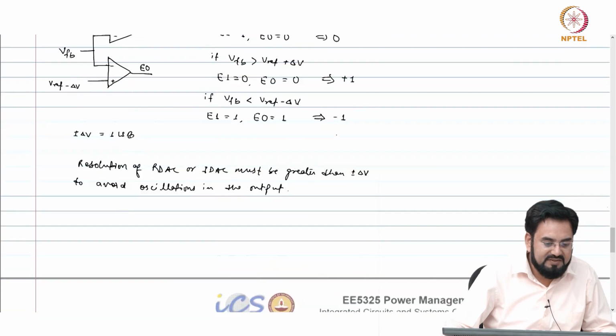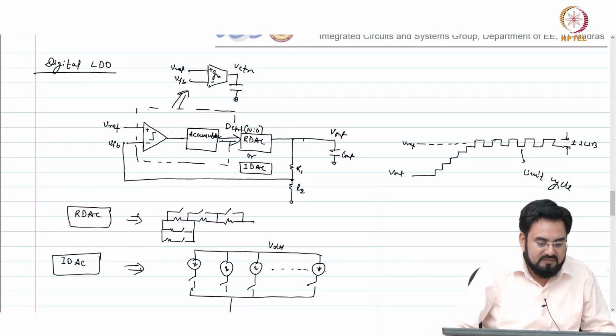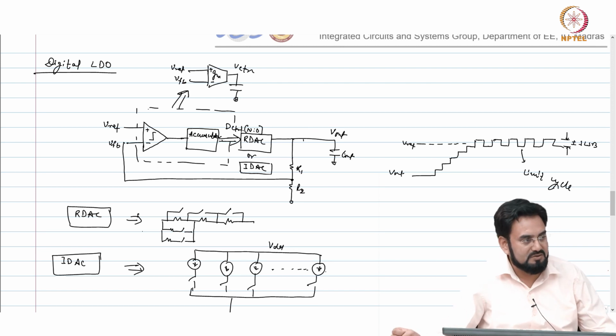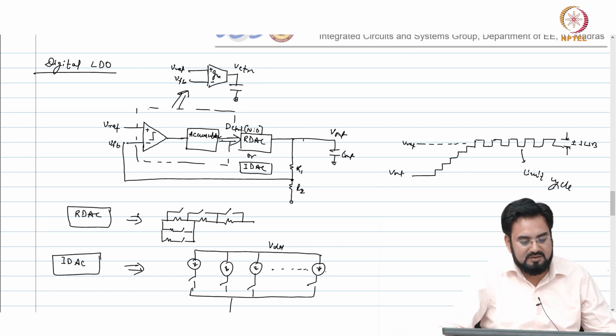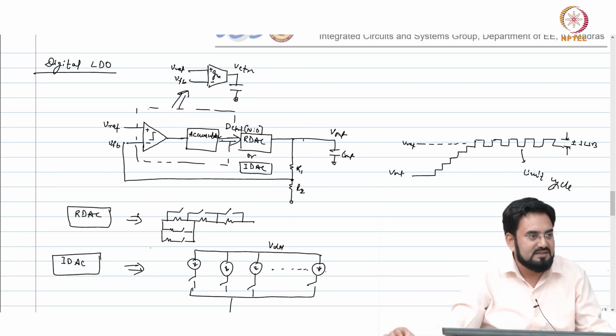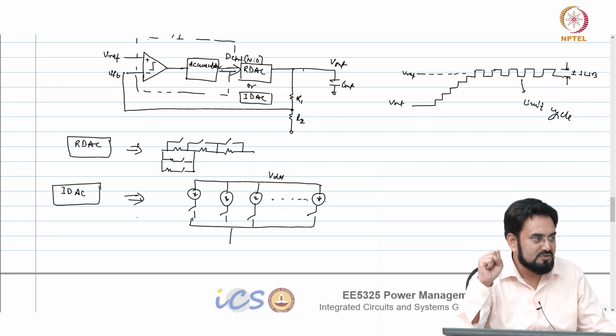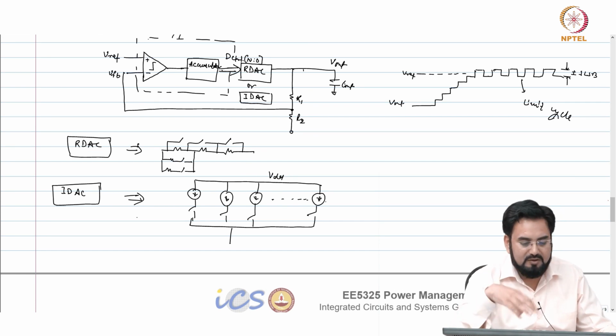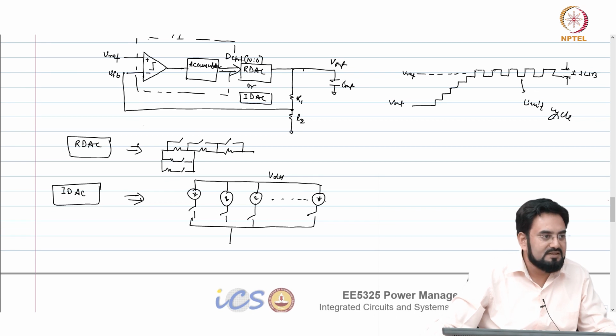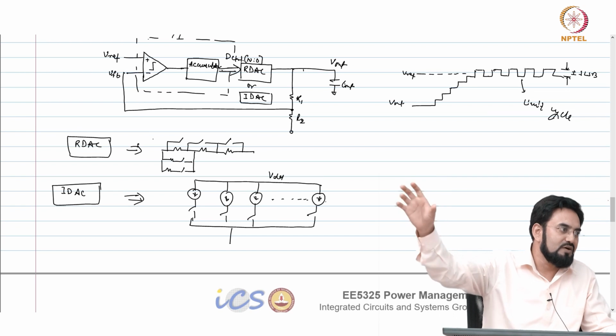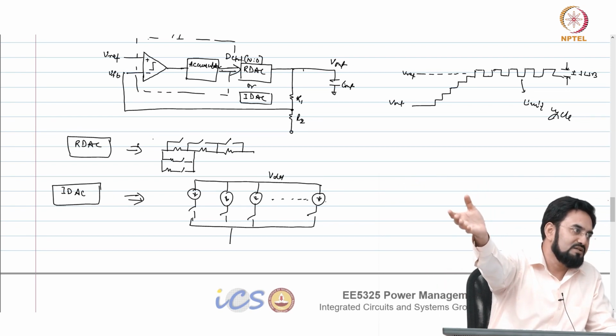So, there is one more technique we use, hybrid LDO, where you have a digital code and in parallel you add an analog loop also. So, what you do, let us say you have the same thing and take this feedback and add an error amplifier, everything same as analog, but that pass transistor will be very small. Whatever your load requirement is, you cater through this digital code, and 1 LSB or 2 LSB load you shift to the analog.